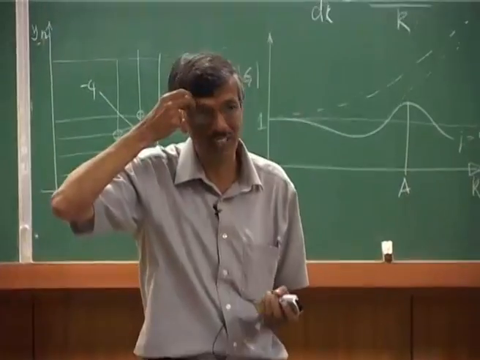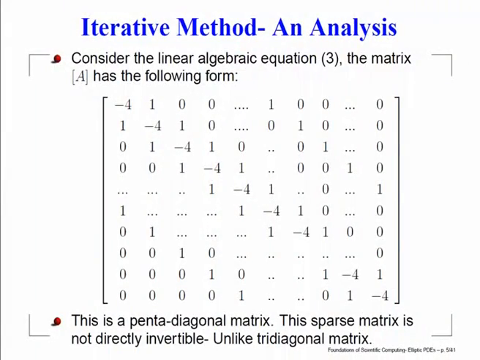If they were packed together, if these 2 diagonals were sitting next to those other 3, life would have been a lot simpler, because like the Thomas algorithm we should be able to write out an exact solution procedure.